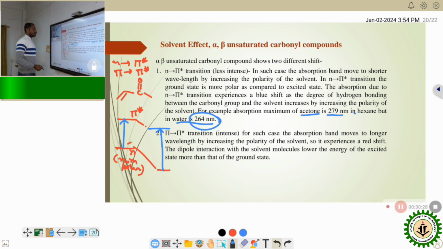So solvent polarity affects alpha beta unsaturated carbonyl compounds, but the pi to pi star transition is shifted towards the longer wavelength region.